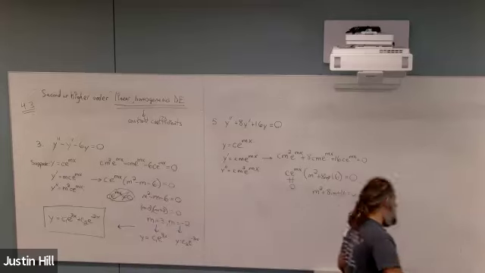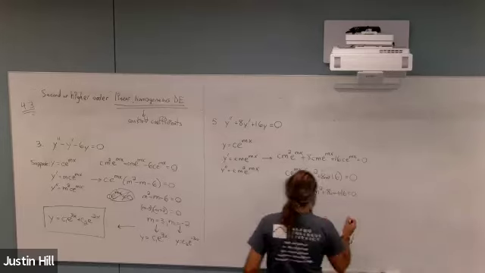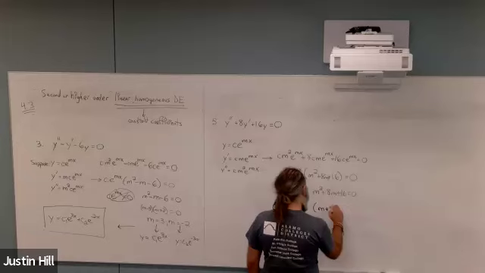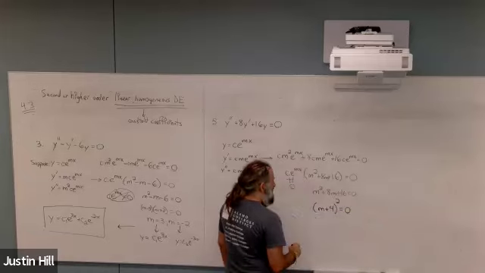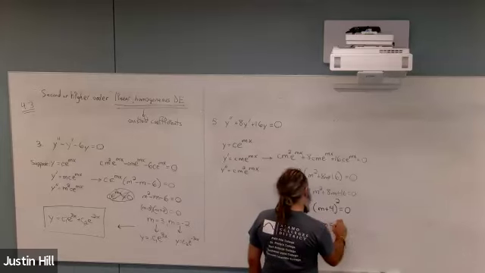And I think this is finally going. So factoring this, you're going to end up with m plus 4 squared equals 0. And so actually we get one solution here, m equals -4.